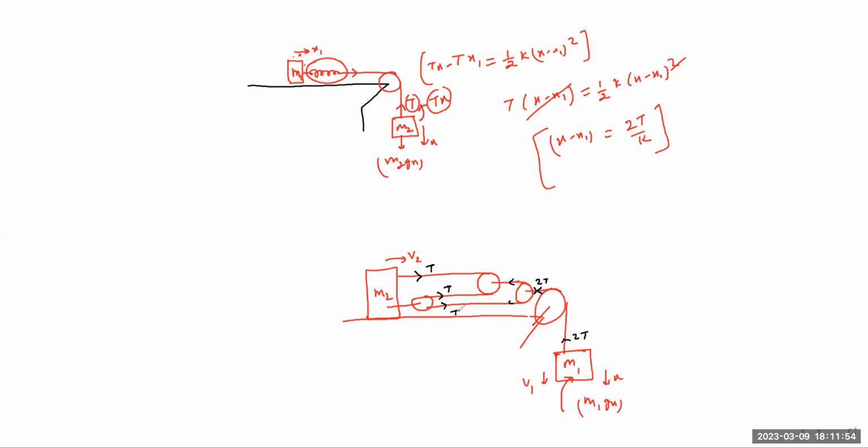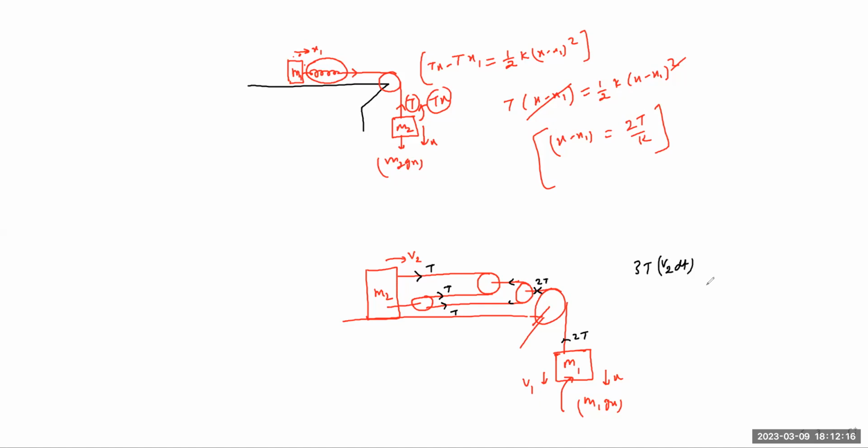So how to write the constraint? The block M2 is experiencing how much tension? 3T. Yes. So in time dt, how much will you move actually? V2 dt.